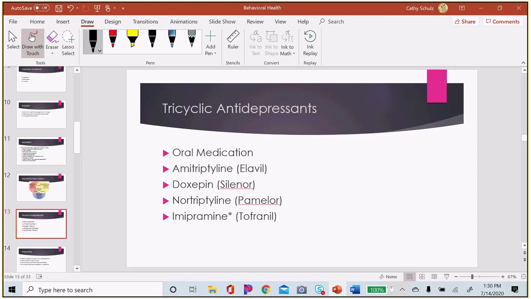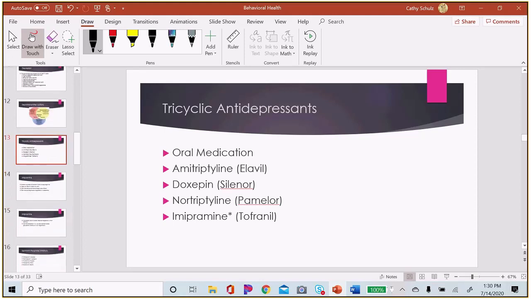Our prototype medicine is imipramine, but you might see other tricyclic antidepressants prescribed for other things. Amitriptyline is sometimes prescribed for sleep, and sometimes for chronic migraine.